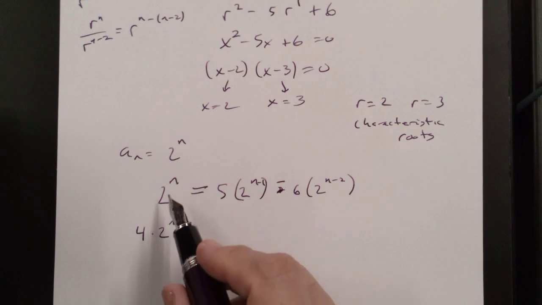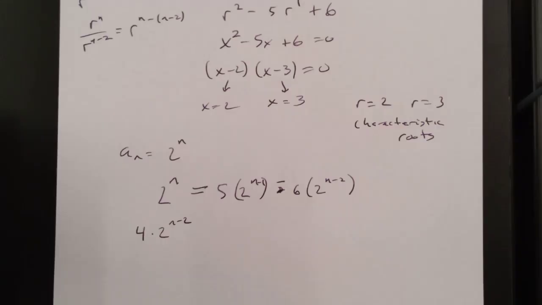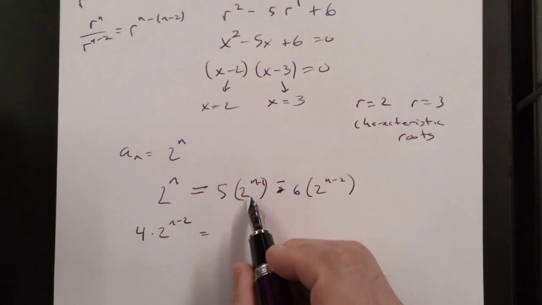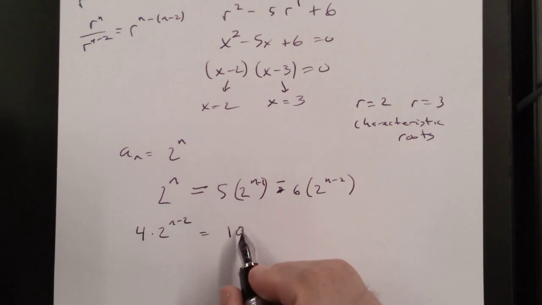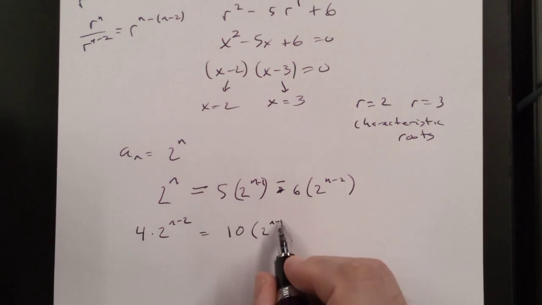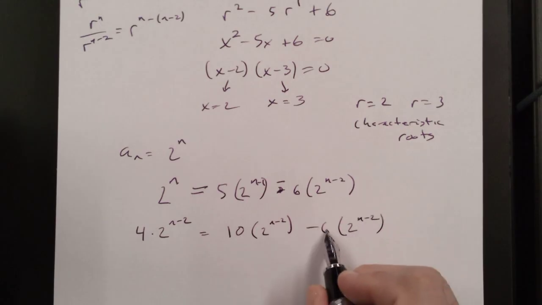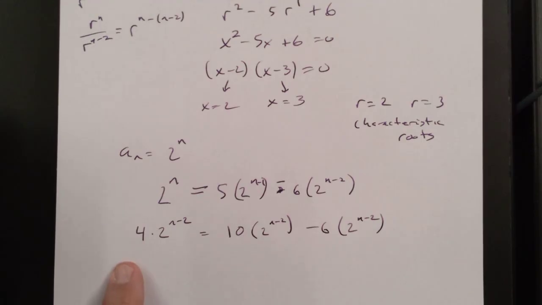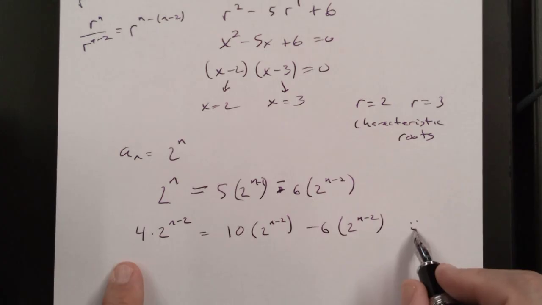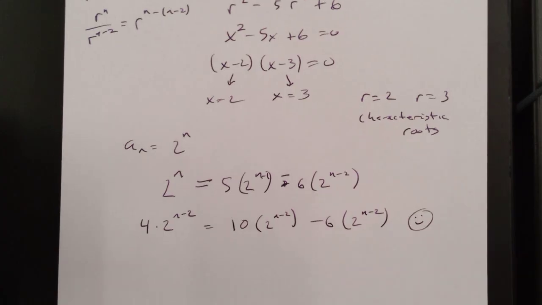I factored out 2 powers of 2, didn't I? I'm going to factor out 1 two from here. What's 10 minus 6? Bing, bing, bing, bing. It does work. So does 3.